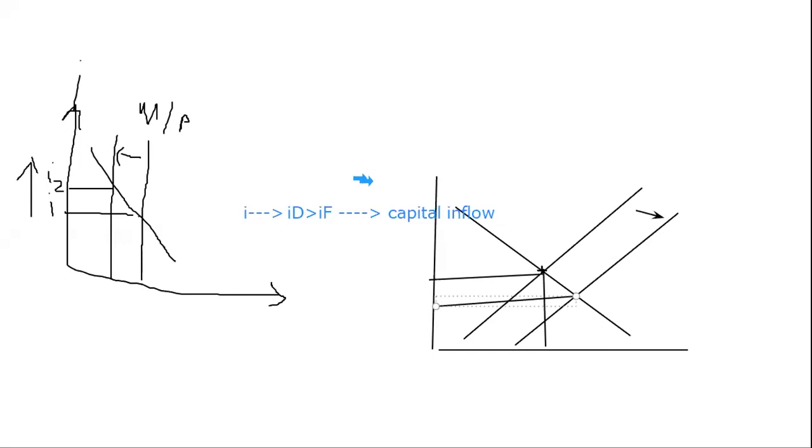They have to engage in foreign exchange intervention, right? Maybe selling foreign currency or buying foreign currency. They cannot let this happen. They want to interfere in the foreign exchange market and keep the exchange rate at the fixed level, because this is the fixed exchange rate in the economy.